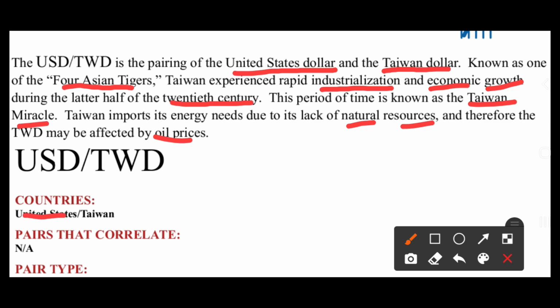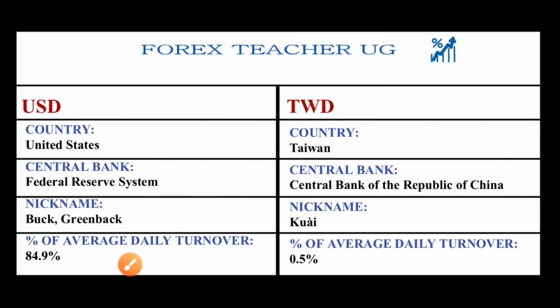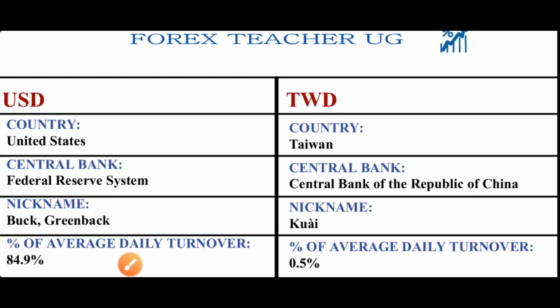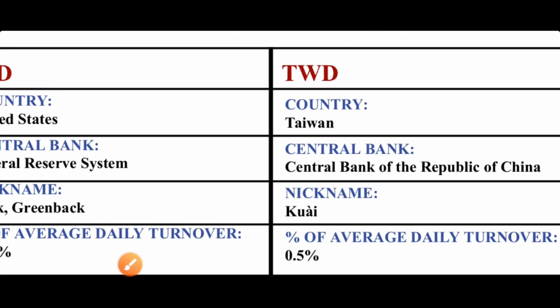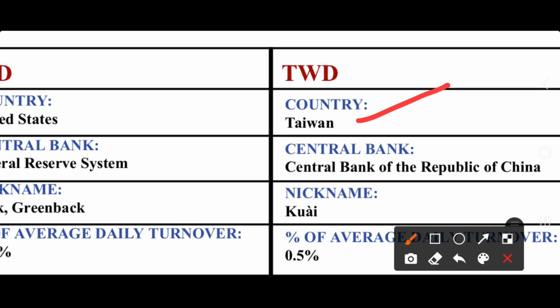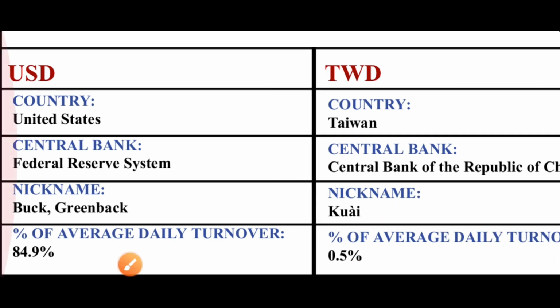The countries are US and Taiwan, and pairs they call it not accurate, and here the pair type is emerging. When we look at it more, we see that of course TW is Taiwan, the central bank is Central Bank of Republic of China. The nickname is Kuei, and it has 0.5% average daily turnover.